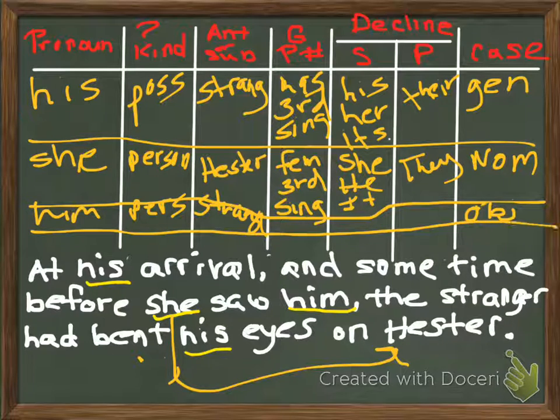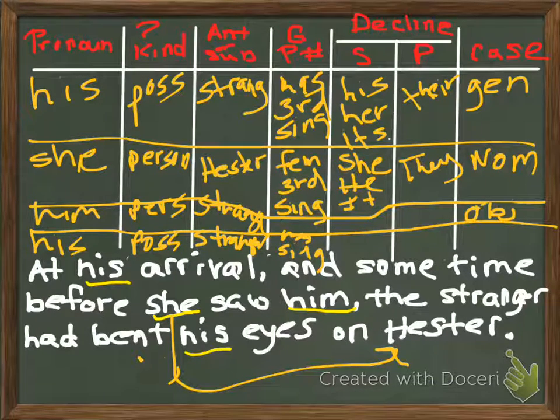Just because we're getting low on space and time, let's jump to his. His, of course, is the pronoun. It shows possession. His what? His eyes, right? It is referring to the stranger. It is masculine. It is third. And it is singular.